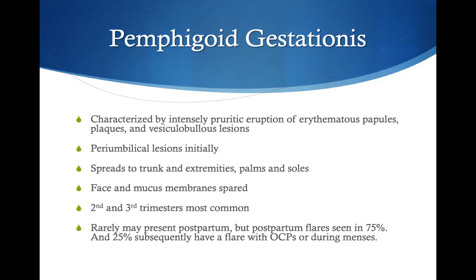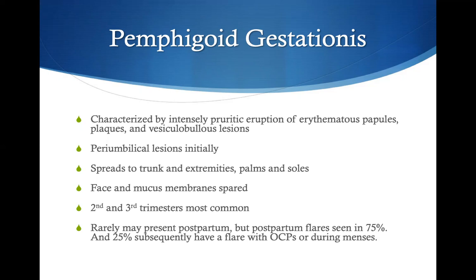So the lesions that you see are characterized by intensely pruritic, meaning very itchy, eruptions of erythematous papules, plaques, and vesicular bullous lesions. It usually starts around the umbilicus, then it spreads to the trunk and extremities, including palms and soles. Usually the face and the mucous membranes are spared.